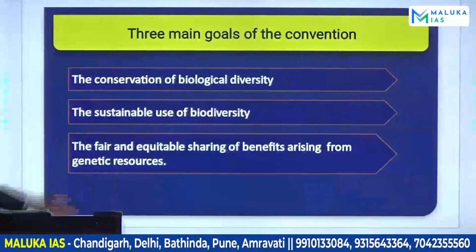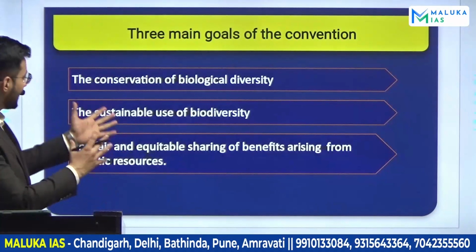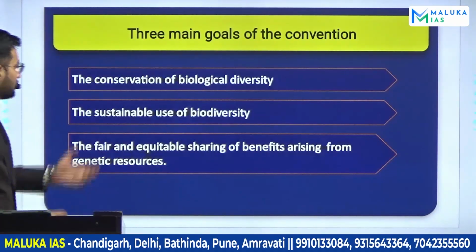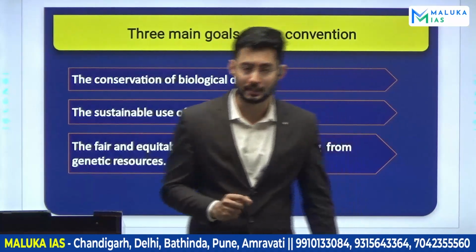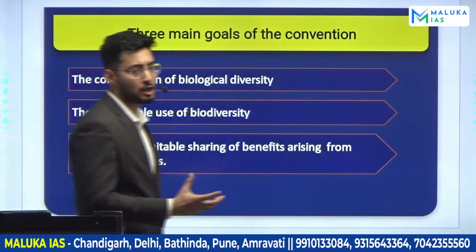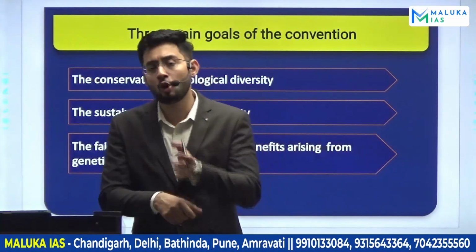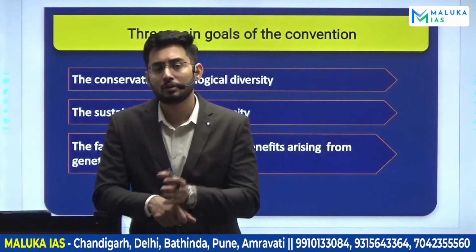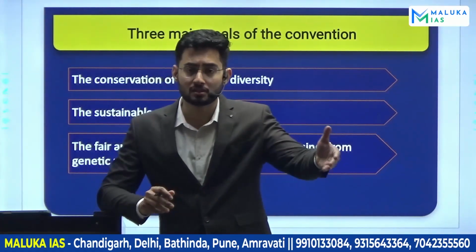Then come the main goals of the convention. There are three main goals. The first goal is the conservation of biological diversity. Why is conservation of biological diversity important? Because a species has some food niche.